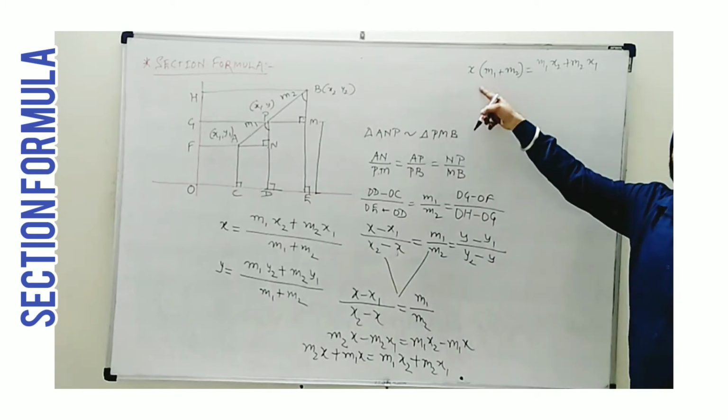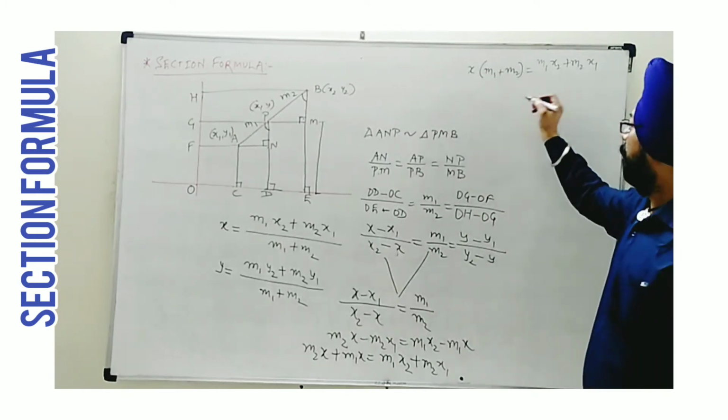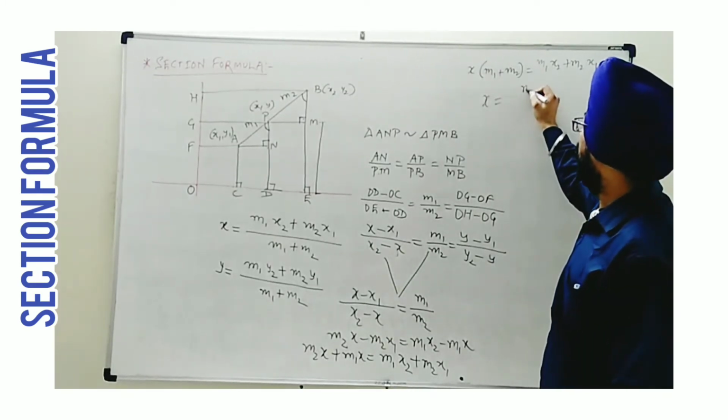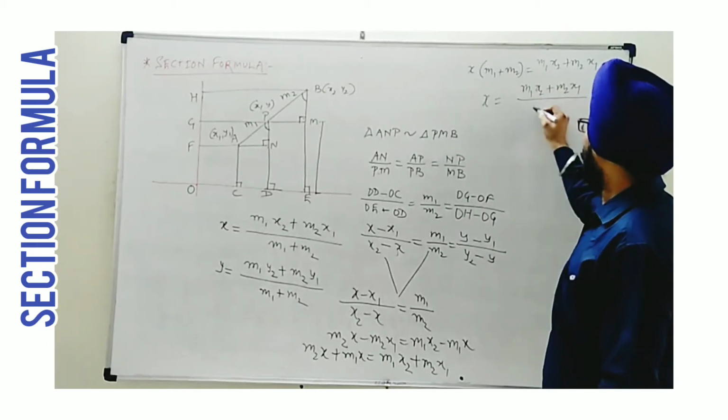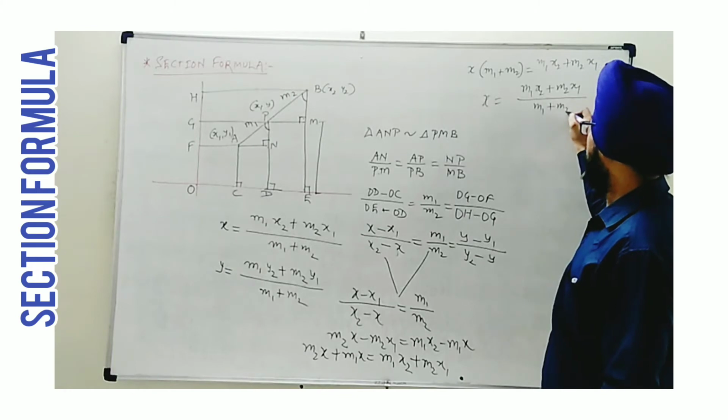Our purpose is to find the value of X. So we can write here X is equal to M1X2 plus M2X1 upon M1 plus M2.